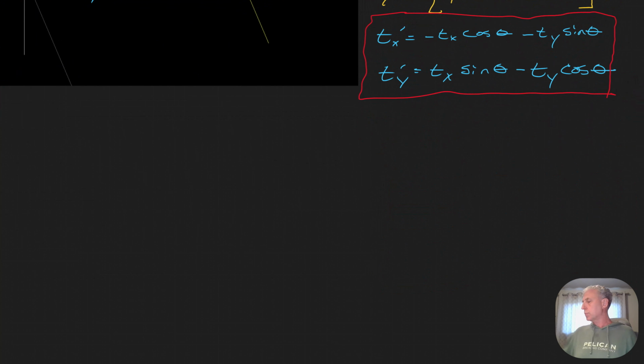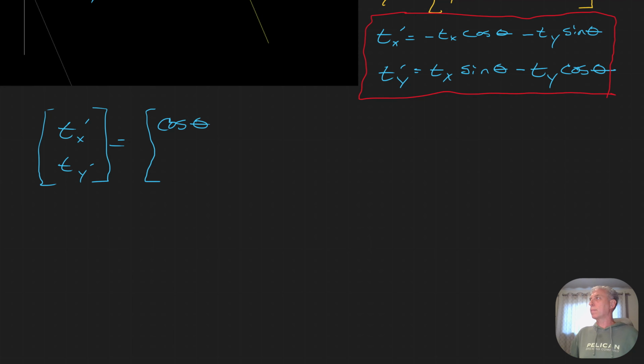Now in vector terms, or in matrix notation, I can say that our t prime vector, let me spell it out here, tx prime, ty prime is equal to cos theta, sine theta, and sine theta, cos theta.